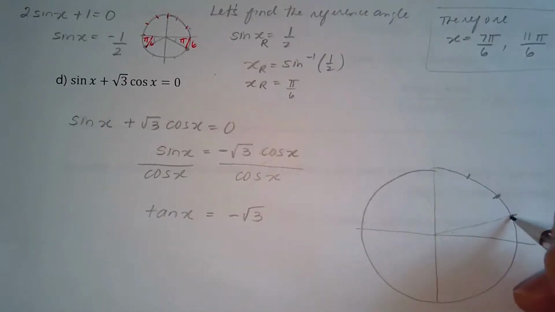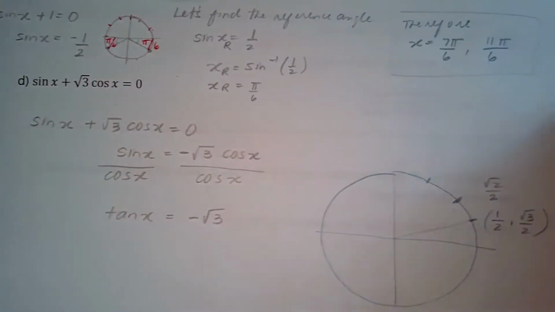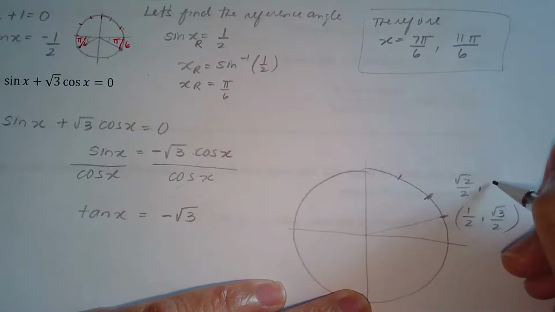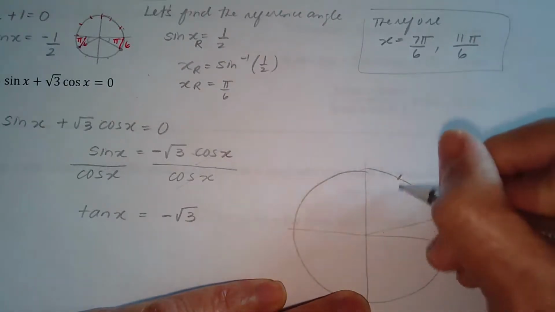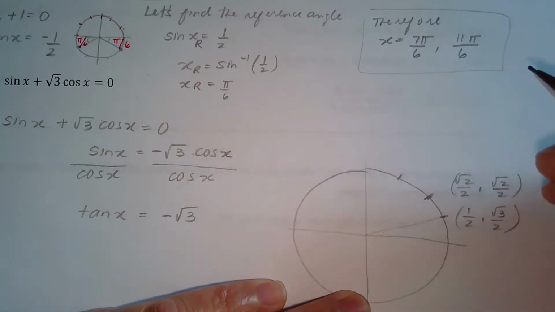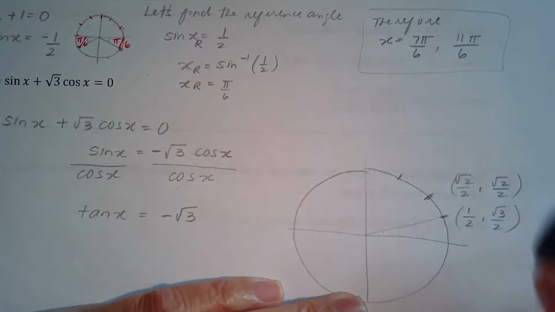And at pi by 6, that's going to be 1/2 comma root 3 over 2. And then this one here is root 2 over 2. Oops, sorry, you can't see that. Root 2 over 2 or root 2 over 2. And then over here, that's going to be 1. I got these two backwards.